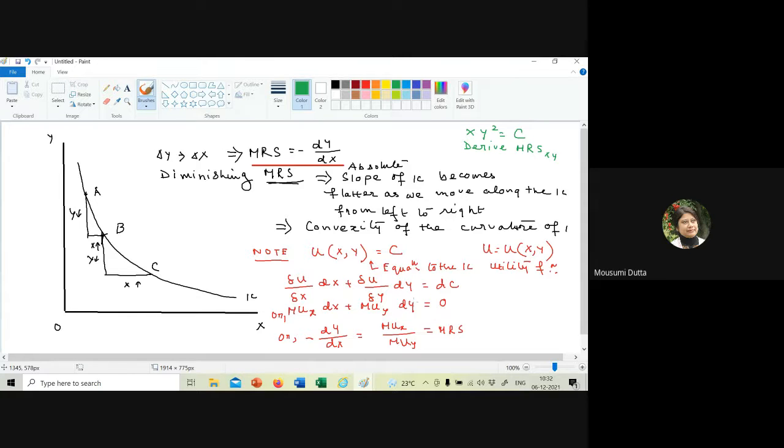At all points along the indifference curve, the marginal rate of substitution between any pair of commodities is uniquely determined.